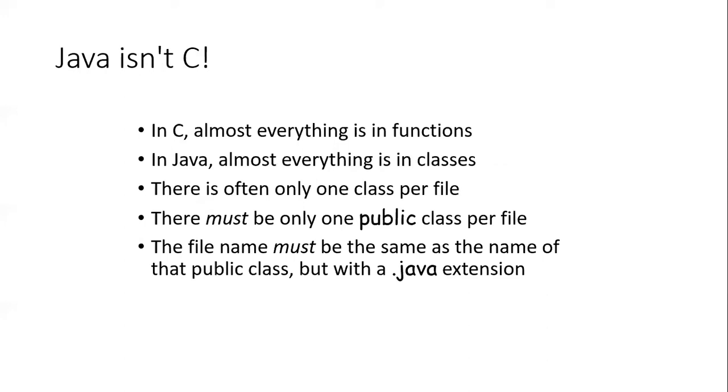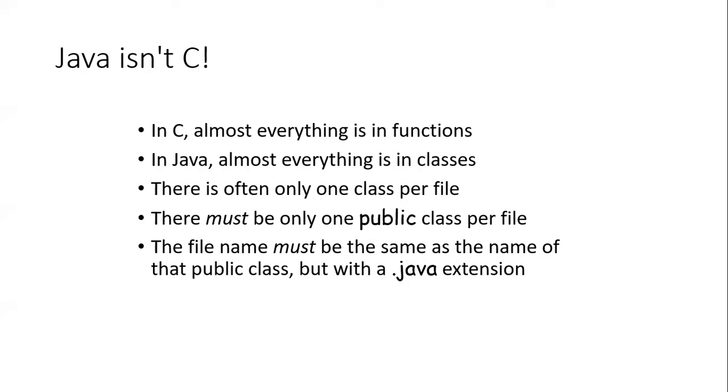But Java is not C, right? In C, almost everything is in functions, but in Java, almost everything is in classes. There is often only one class per file. In Java, there must be one public class per file. Public in the sense that it is visible to all.